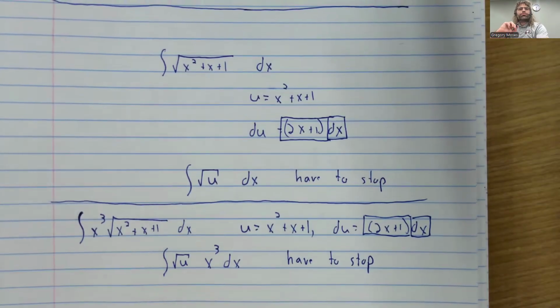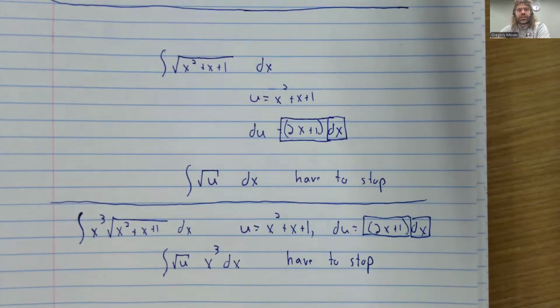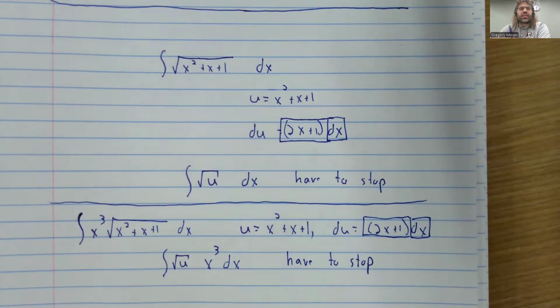So this is a pretty delicate method. It's redeemed by the fact that we can use it when we're missing constants, or when we have constants that we don't want.